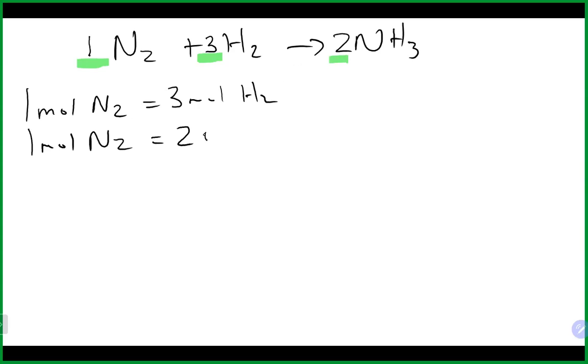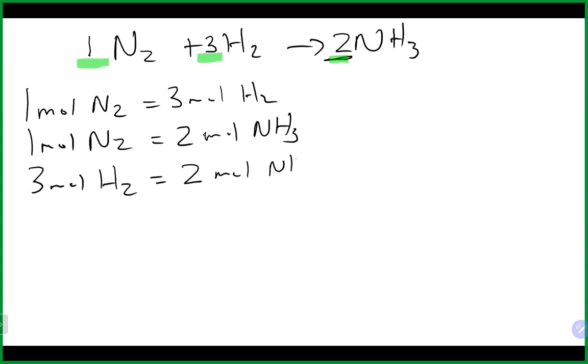There is no trickery here. There is no calculation. It is really just the number that's in front. For every 3 moles of H2 I pop in there, how many moles of NH3 come out? 2. Again, just the number. There's nothing more to it than just the number in front.